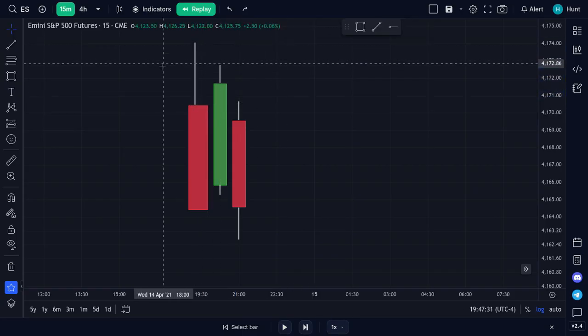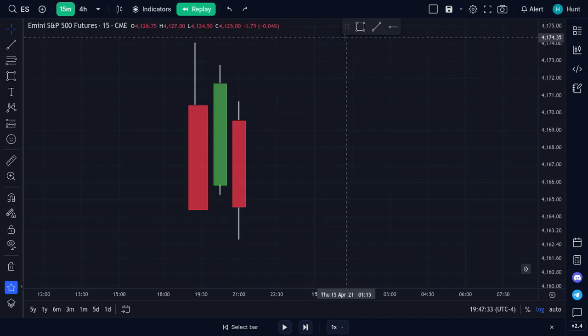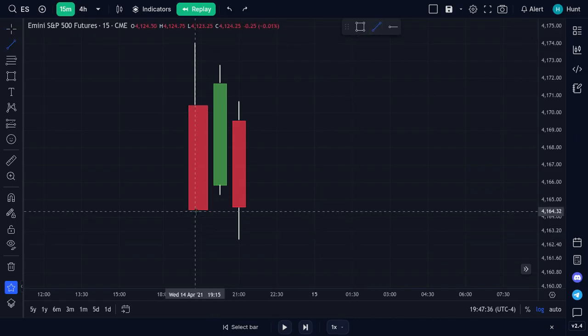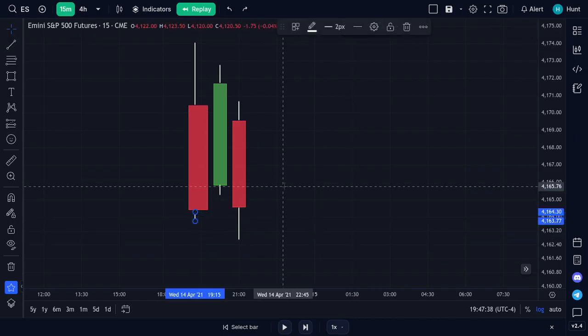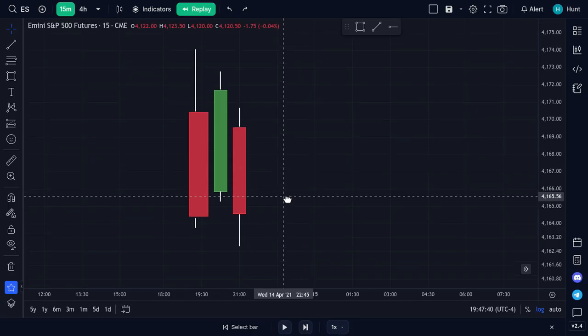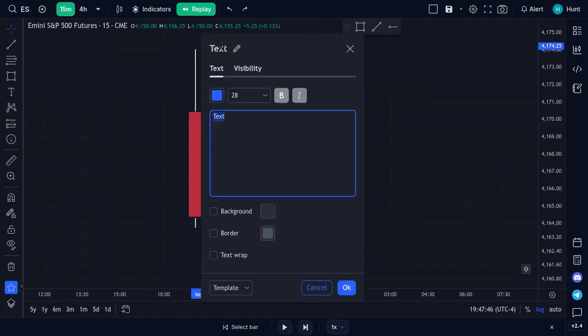And just to make this a weird one, I'll make these candlesticks super long, all right, and one of them really short. So let's just say this was the high, right? So this would be identified as our high, okay?